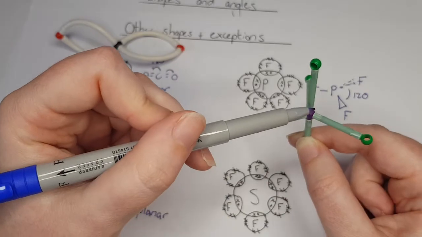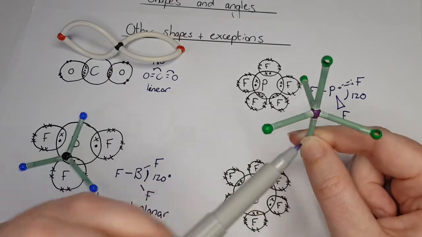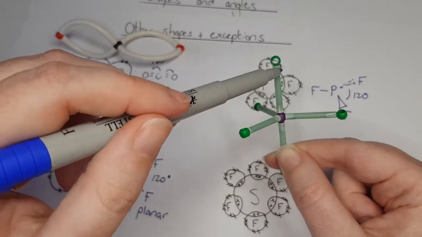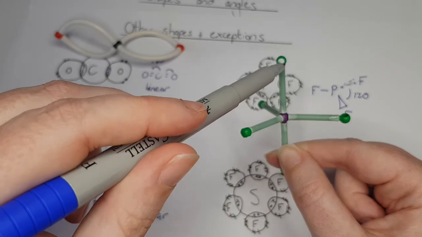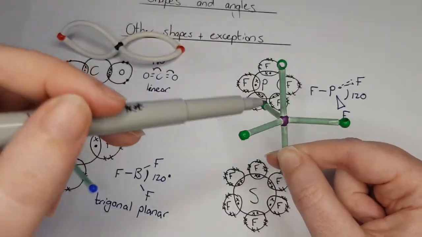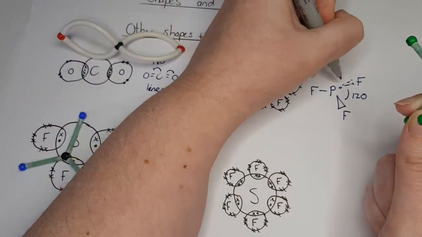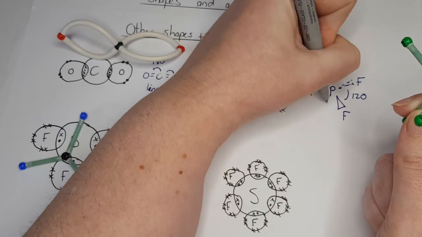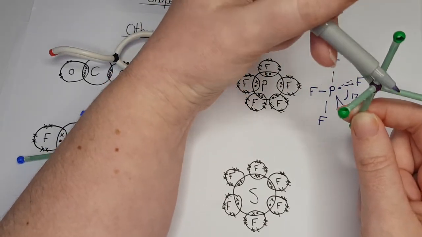But then I have one going up and one going down. So now if you can look there, between there, that angle there is a 90-degree angle between there and between there. So the one going straight up and the one going straight down will have a different angle to those 3 that are in the middle.